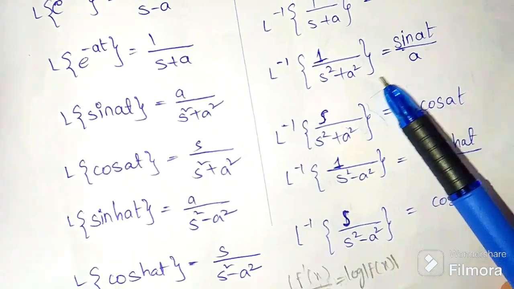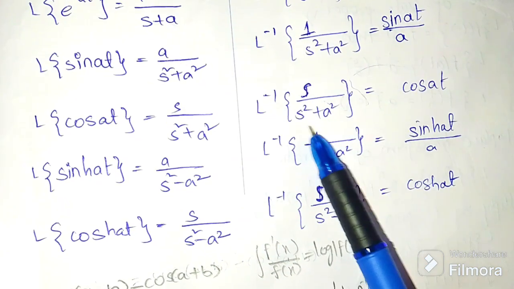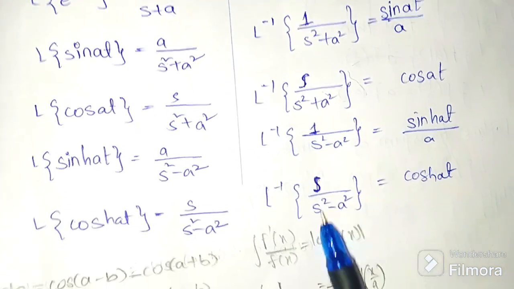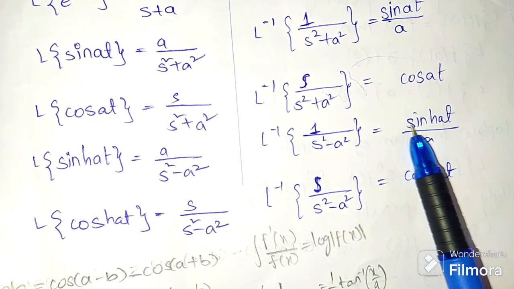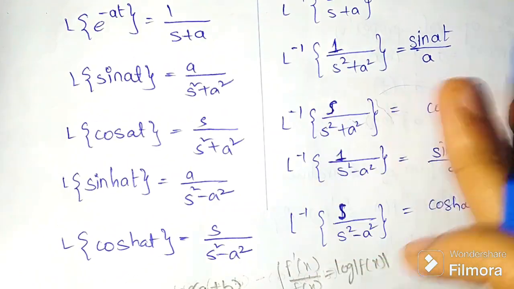Okay. So once quickly see all these formulas. Same formulas, but this also. You also write sinh at also. You should not forget a here. Okay, you understood now? Everything is reverse. Next, let's go to properties directly.